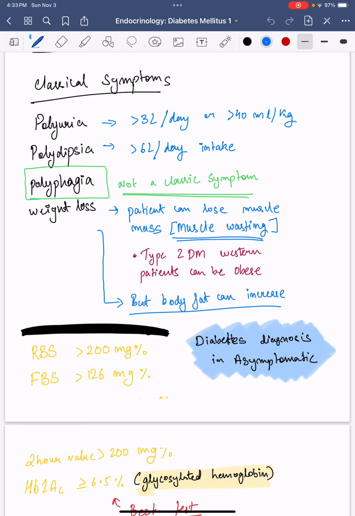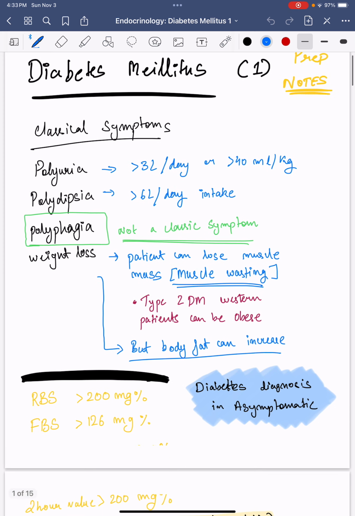Polydipsia is excessive drinking of water, which is more than 6 liters per day intake of water. Polyphagia is eating a lot, but it is not a classical symptom of diabetes mellitus. So the classical symptoms are polyuria, polydipsia, and weight loss.